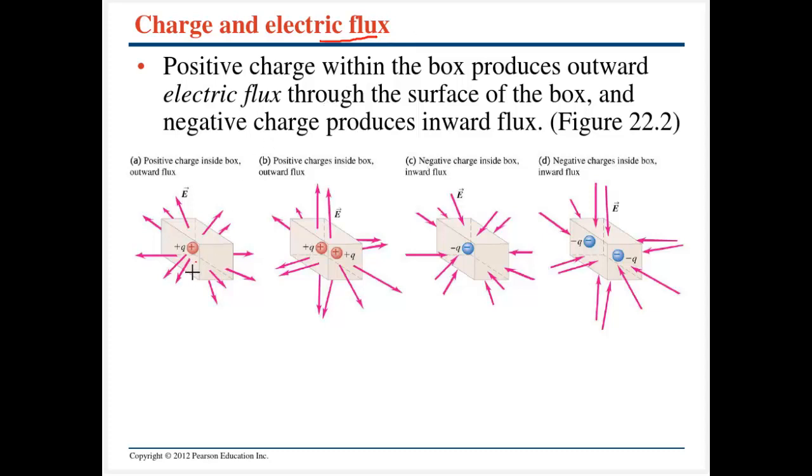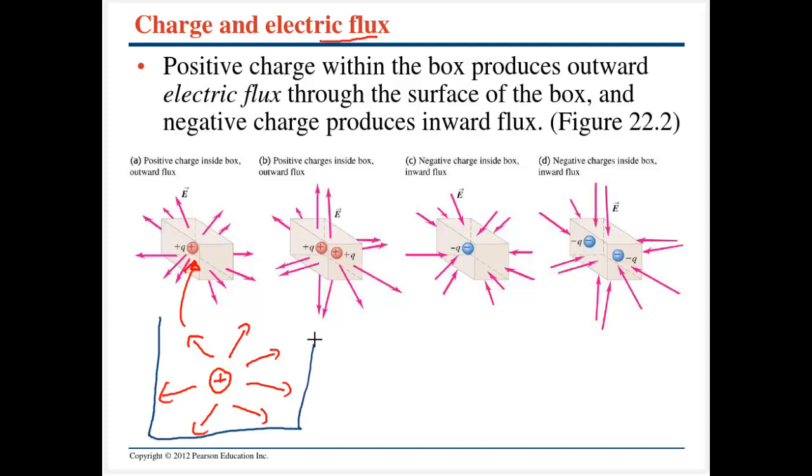And what we're doing is we're saying, suppose we have a charge. We know that a positive charge is going to have electric field lines that flow away from it. And what we're really going to do is draw an enclosed box around this charge and count how many electric field lines are going to penetrate this box, how many are going through there.